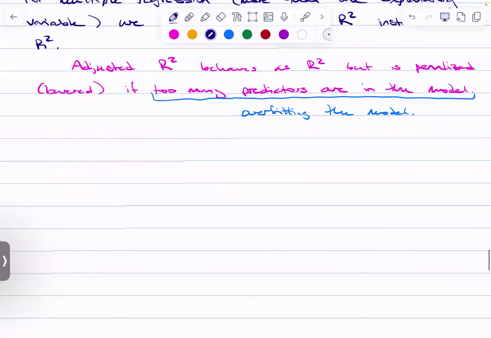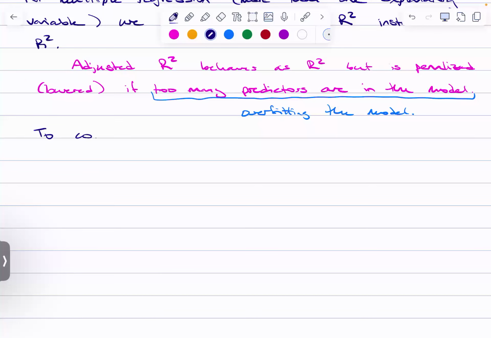So to compare models, we compare the adjusted R squared, or sometimes we write R squared with subscript adjusted, or ADJ, whatever shorthand you want to use. Excel will generate the adjusted R-squared, so I'm not going to talk about the formula.